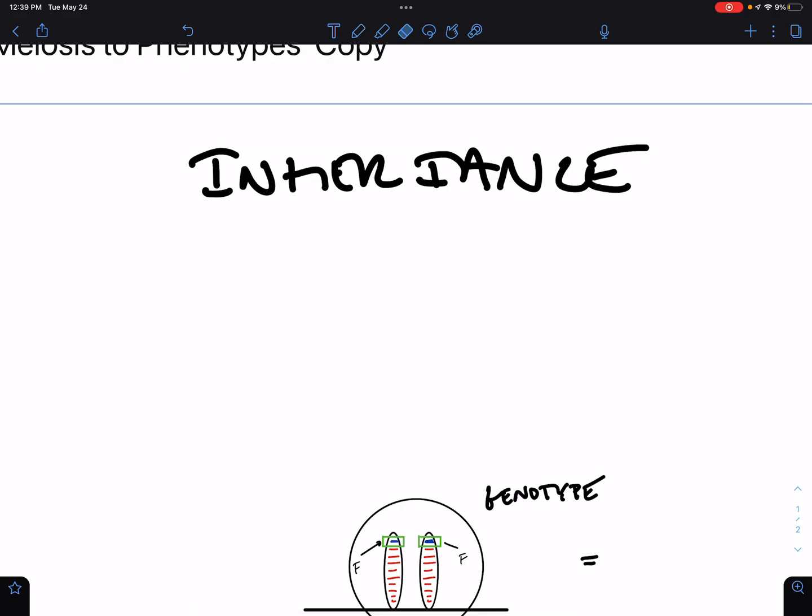So we've been talking about the central dogma, how DNA is transcribed into RNA and then translated into protein, and your proteins lead to your traits and behaviors.